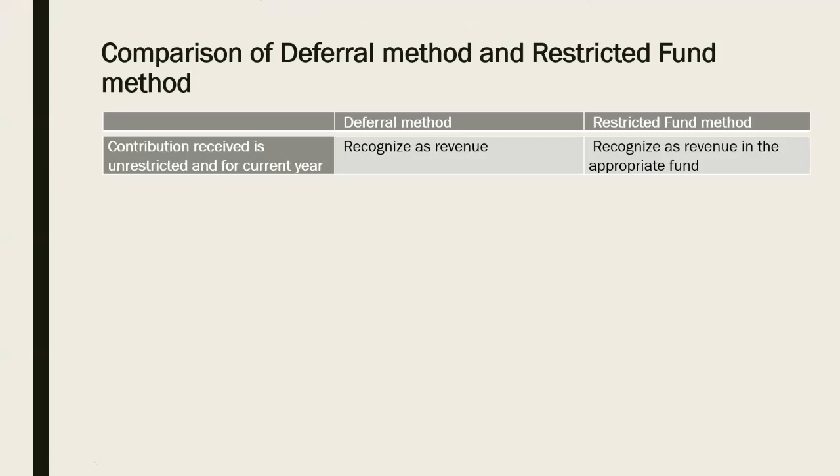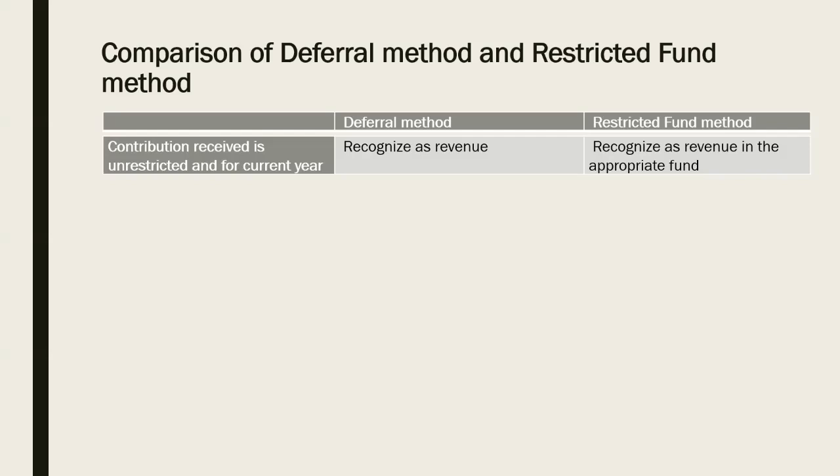Let us compare the deferral method and the restricted fund method and summarize a few slides that we've looked at. First of all, if a contribution is received and it's unrestricted and for the current year, under both the deferral method and the restricted fund method, we will recognize the contribution as revenue.